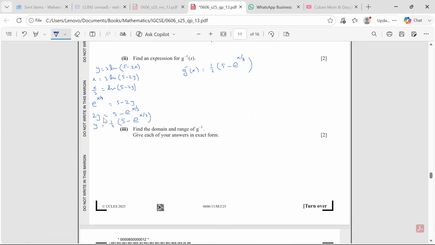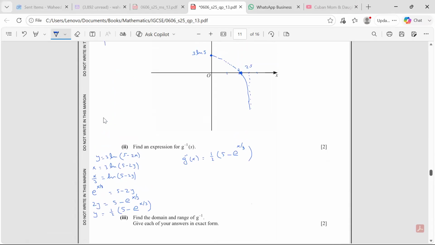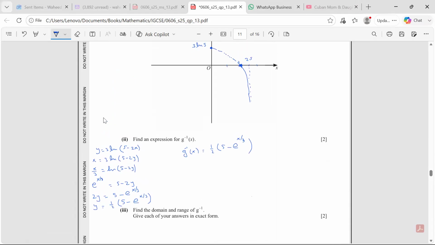Okay, find the domain and range of this inverse function. So we go back to this sketch. This function's domain will become the range of the inverse function, and this function's range will become the domain of the inverse function. So from here I can conclude the domain is the range of this function.